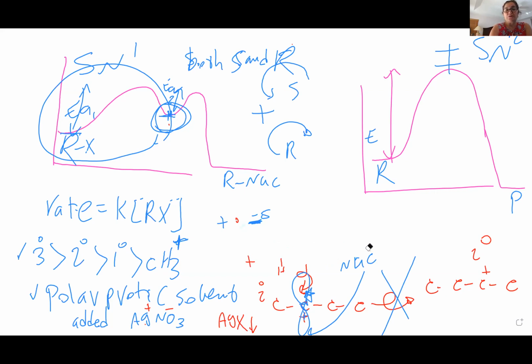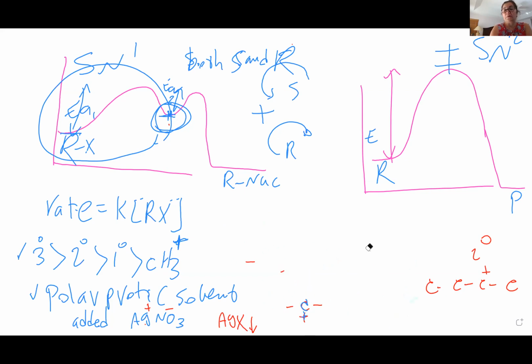So for SN2, you have a transition state. You don't have a carbocation.